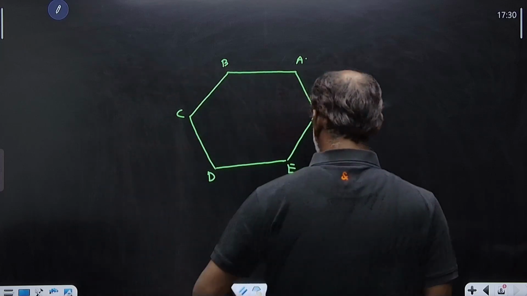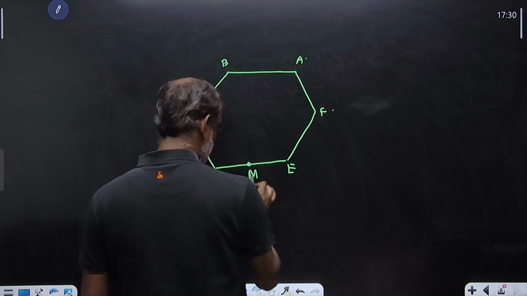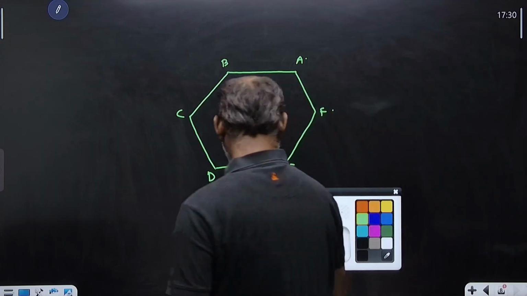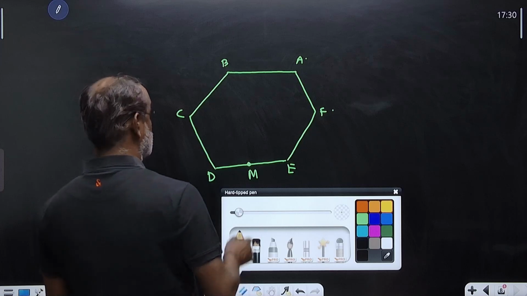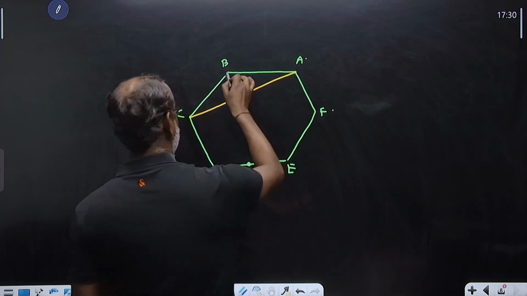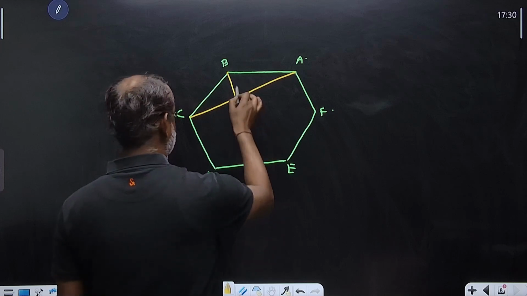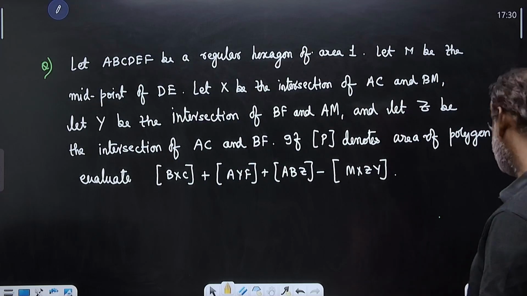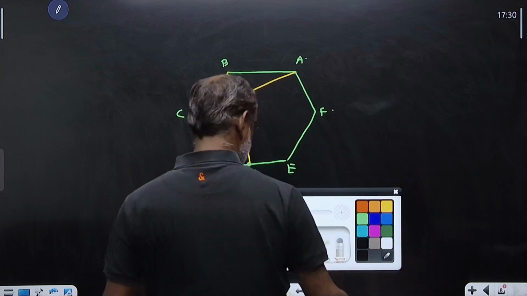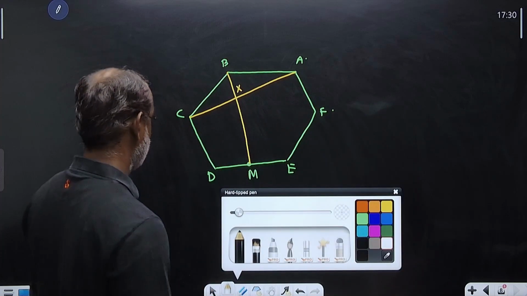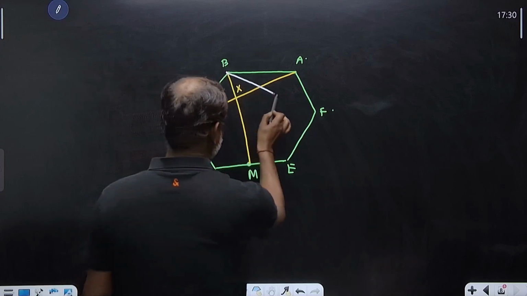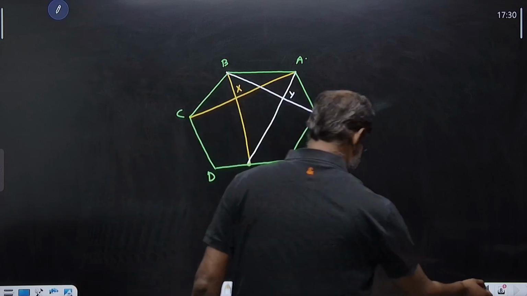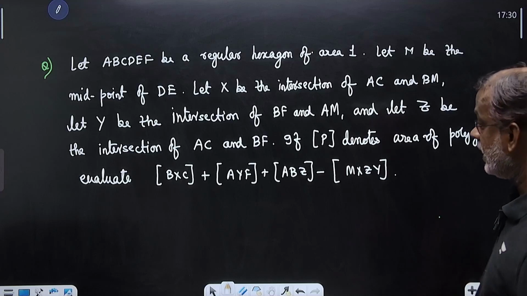Isn't it? M is the midpoint of DE. AC and BM, this is X. BF and AM, this is Y. Z is AC and BF.